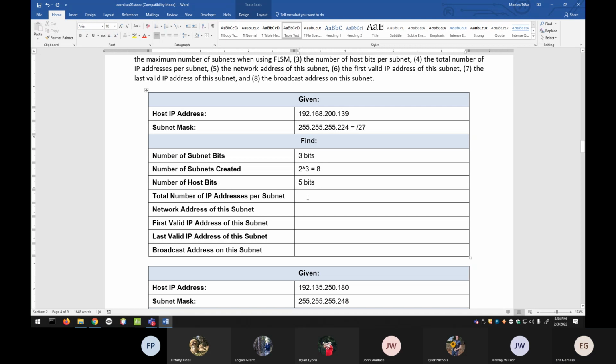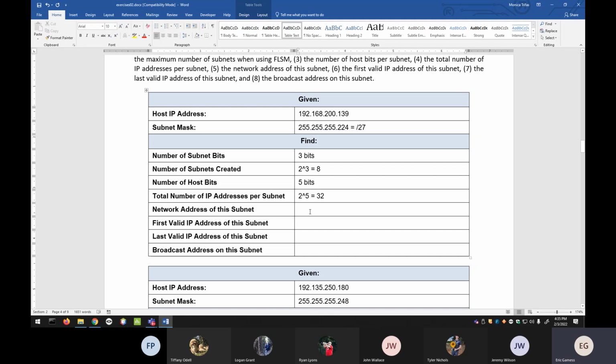So how many IP addresses in total will I have in each subnet? 2 to the power of 5, and 2 to the power of 5 is 32.